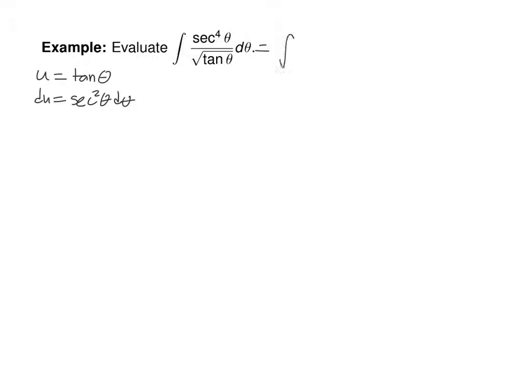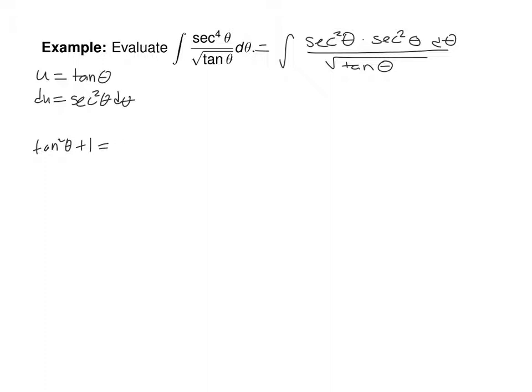So that's the same thing as secant squared theta times secant squared theta d theta all over root tangent of theta. And you have to recall that tangent squared theta plus 1 equals secant squared theta.